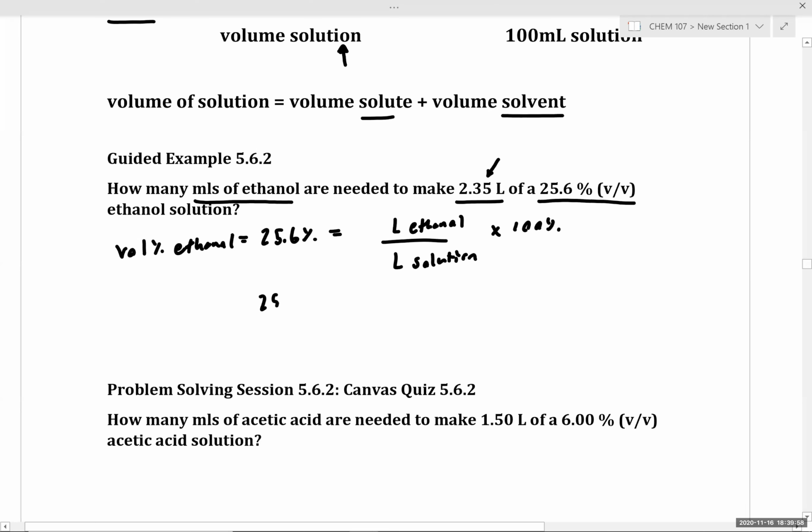That gives us 25.6% is equal to the liters of ethanol over 2.35 liters times 100%.